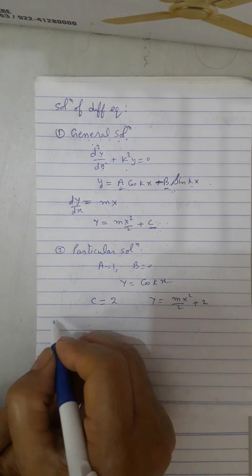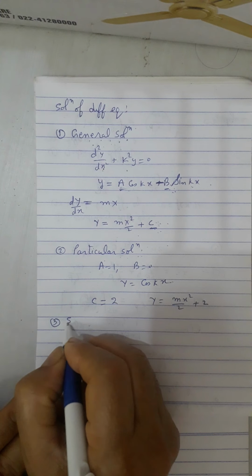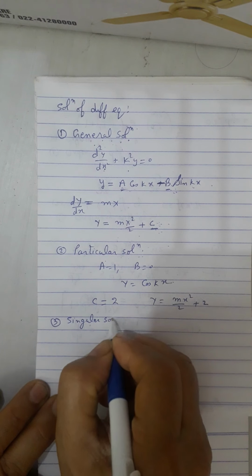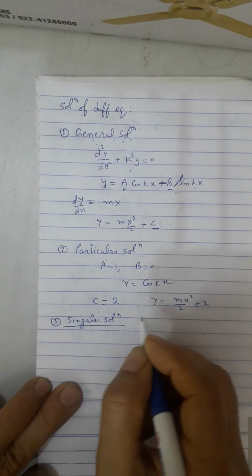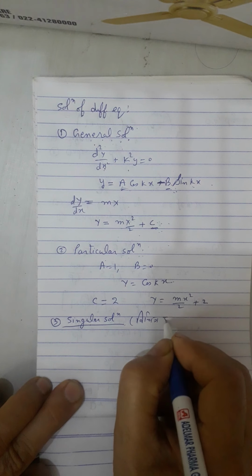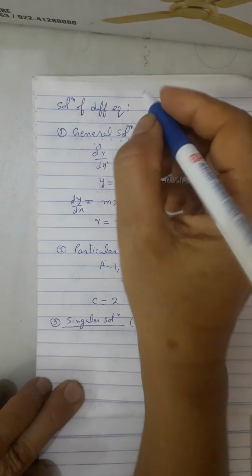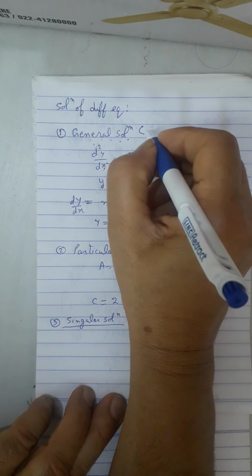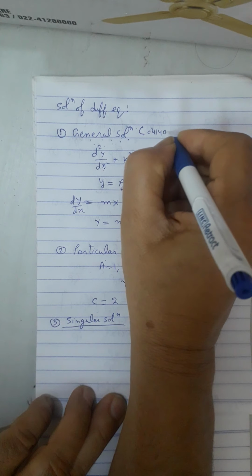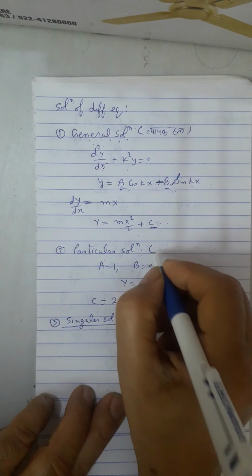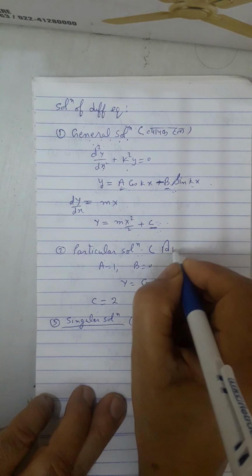Then another type of solution is the singular solution. Singular solution means vichitra hal. The general solution is also called vyapak hal. The particular solution is vishisht hal.